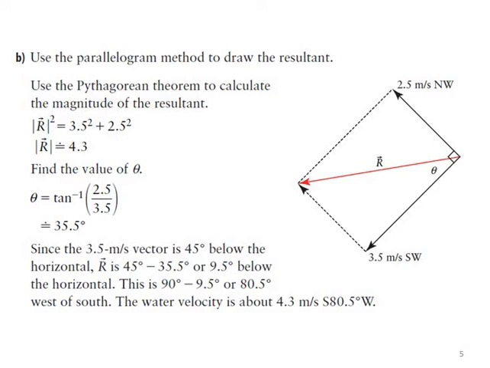So that's going to be 90 minus 9.5, which is 80.5 west of south. And the water velocity is about 4.3 meters per second. So we can say the direction is south 80.5 degrees west.